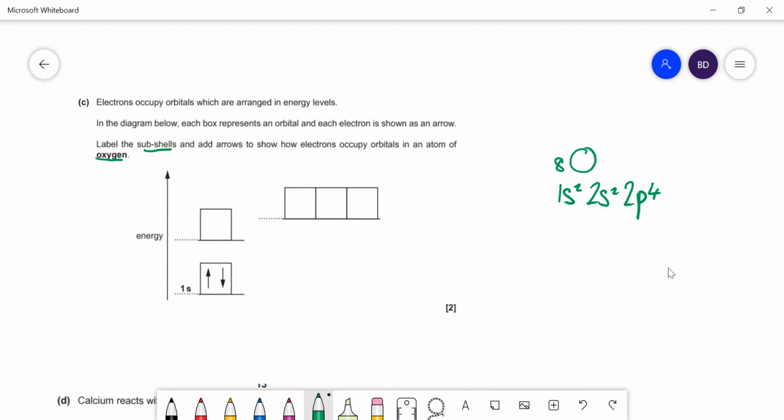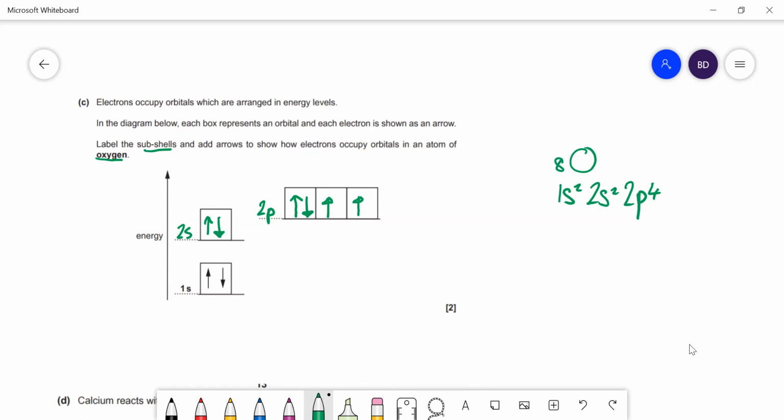So that's 1s, that's got to be 2s, and there's 2 electrons in there, 1 up spin, 1 down spin. Then we've got 4 electrons in 2p, and we have to be careful here because they won't pair up until they've got 2, so you're going to have 3 like that, and then 1, only they only pair up in one of the p orbitals.